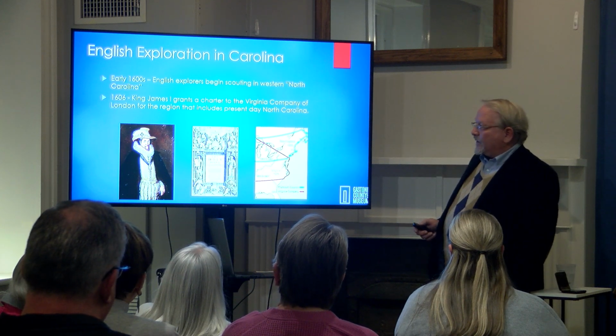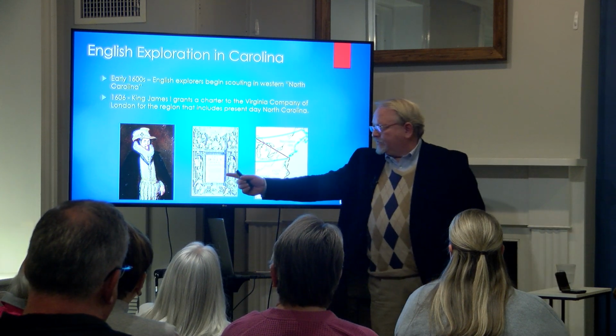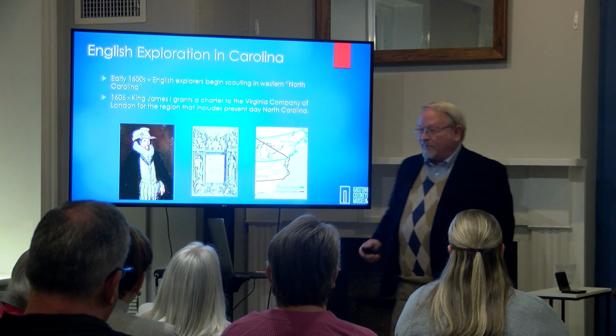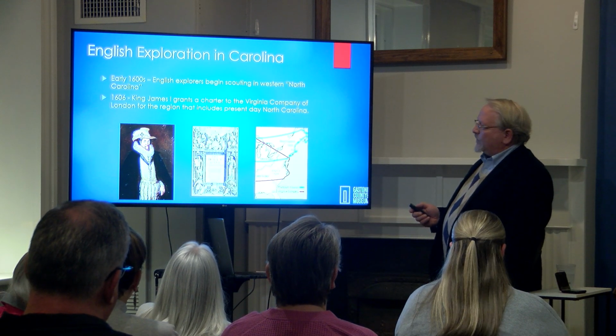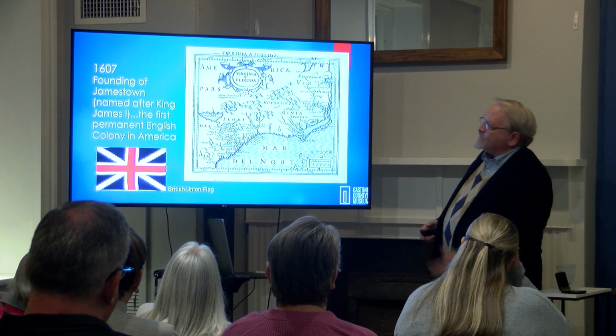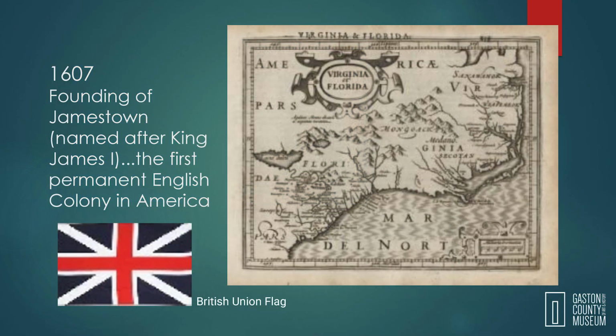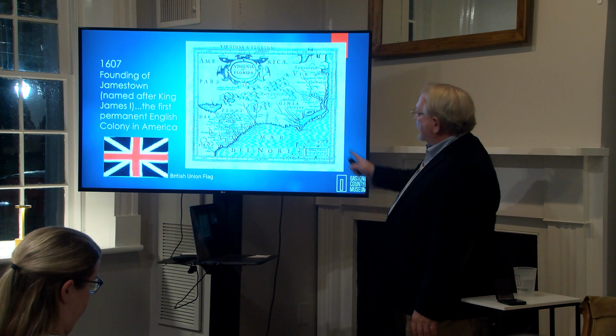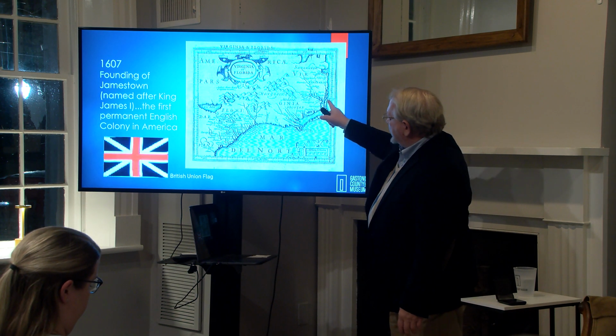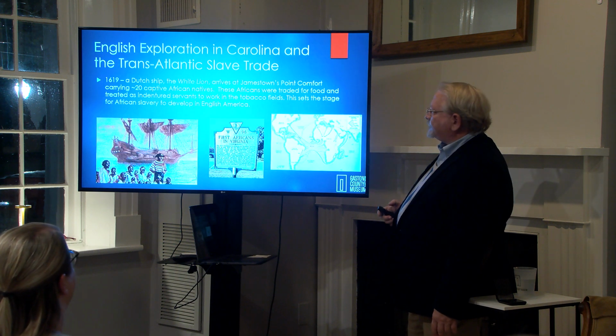But that's all under the name of King James, which, of course, the King James version of the Bible is the one that's very popular. 1607, the founding of Jamestown, named after James I. That was the first permanent English colony. That was the flag they flew under, and this would have been the type of map that they would have used to look at the coast. This would have been probably the area Jamestown would have been in right here.